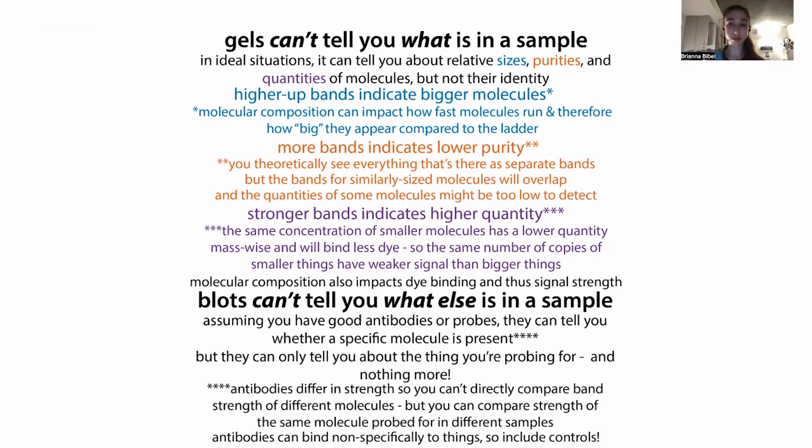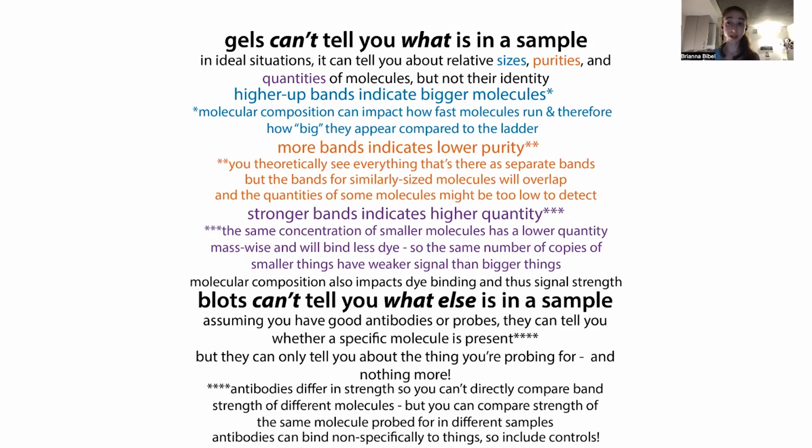So often you're doing some sort of loading control, where you're also probing for a housekeeping gene, something like GAPDH or tubulin, that's expressed at relatively constant levels in different cells and under different conditions, so that you can normalize out differences in how much you load. That way you don't think you have a lot more in a sample because the conditions are different, when really you just loaded a lot more of the total stuff.